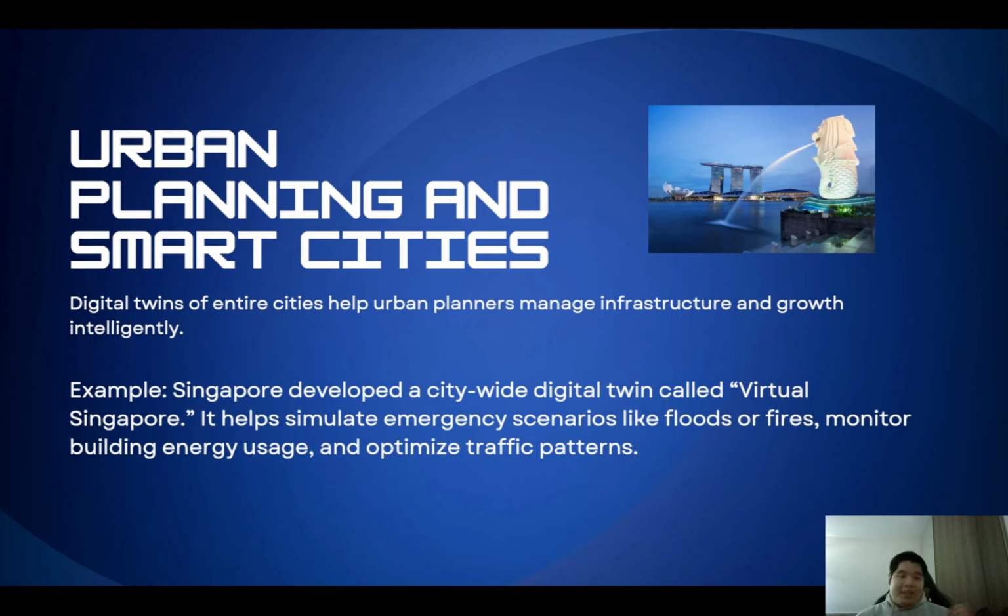But I will use Singapore as the example right now because Singapore has developed a citywide digital twin called Virtual Singapore. It helps simulate emergency scenarios like floods, because it's near the sea, right? And fires that might happen because they're in a tropical area. And they can also monitor building energy usage and optimize the traffic patterns in their city. That's the benefit of smart cities, or we call it digital twins in this case.